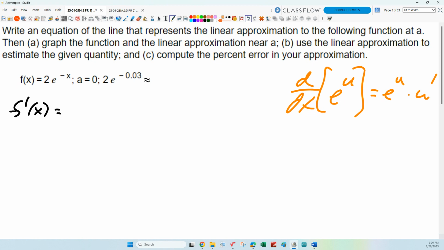It's e to the negative x times... Okay, the derivative of e to the u is e to the u, times the derivative of negative x, which is negative 1. There you go. So I get negative e to the negative x.